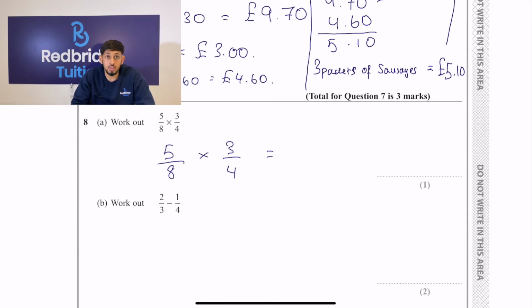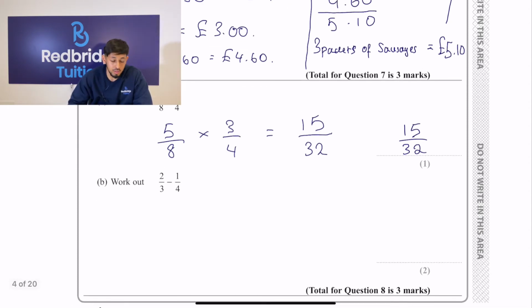So what we would do is 5 times 3, which is equal to 15, over 8 times 4, which is equal to 32. So our final answer would be 15/32. The fraction is in its simplest form, therefore we do not have to simplify it any further.